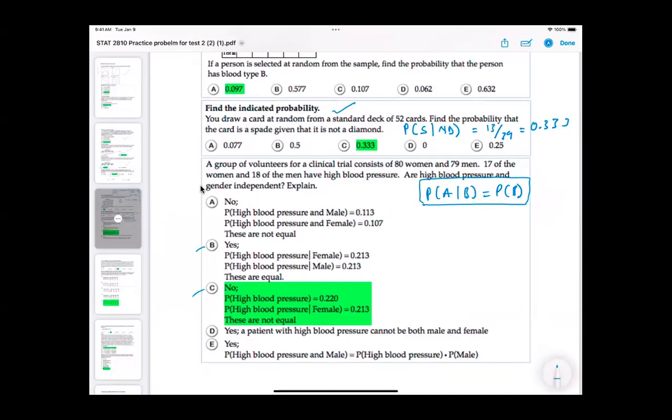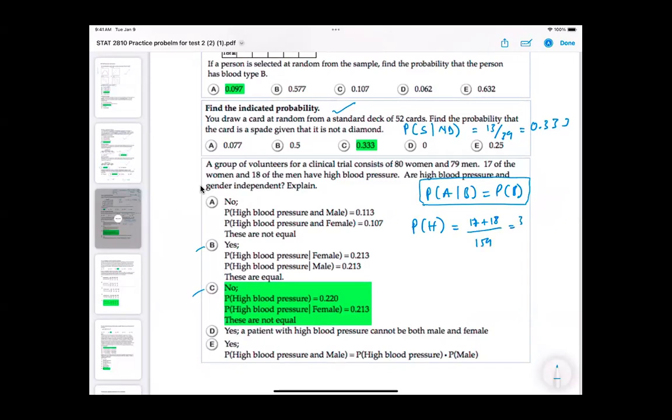Okay, so the probability of high blood pressure is going to be what? It's going to be 17 plus 18. Is that okay? Which would give you what? What is 17 plus 18? 35 over 159.